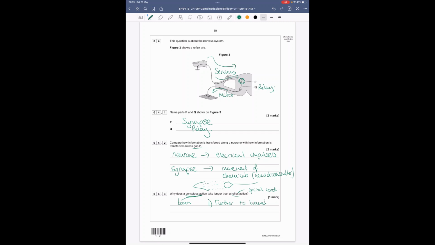So the signals that are sent around the body have further to travel, and also the brain has to think and decide on a course of action. The spinal cord doesn't think, it just sends a message right back about what to do.